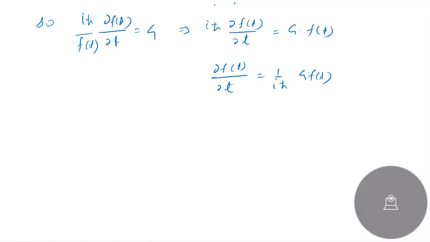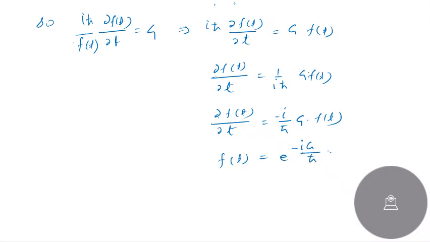So we can take i in the denominator, so del f over del t minus i upon h cut g into f of t. On solving this equation, we got f of t equal to e to the power minus i g upon h cut into t.